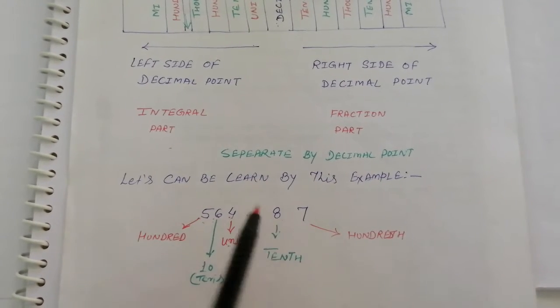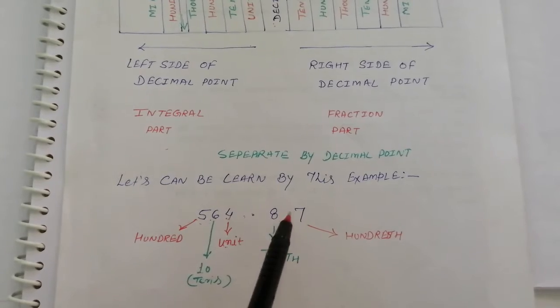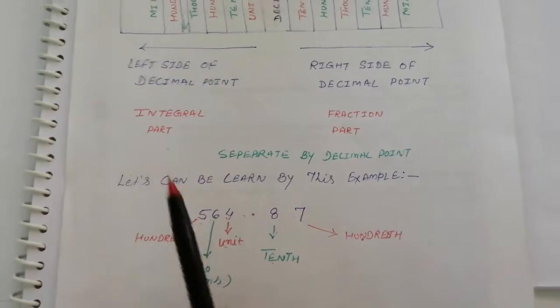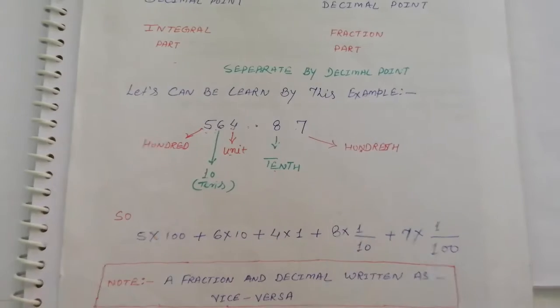After it, on the right side, 8 is tenths and 7 is hundredths. So we learn it also.